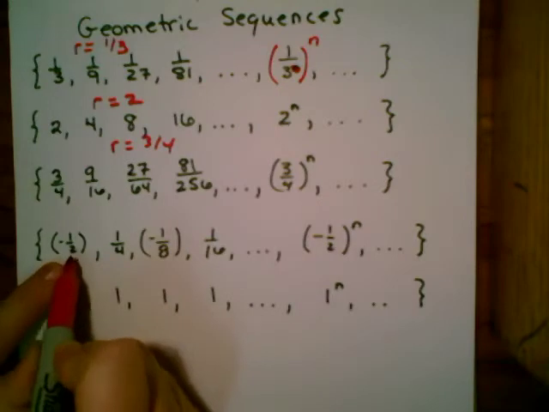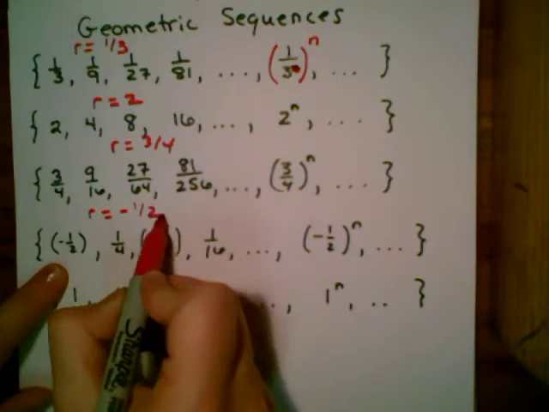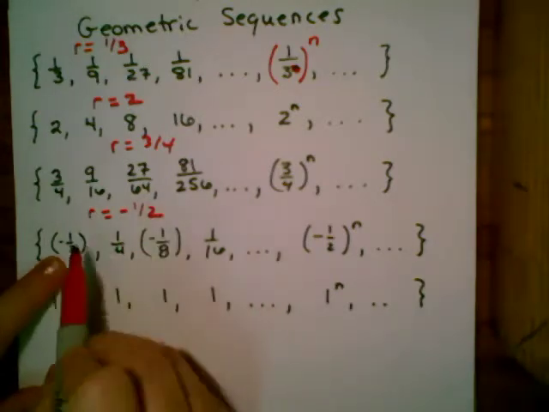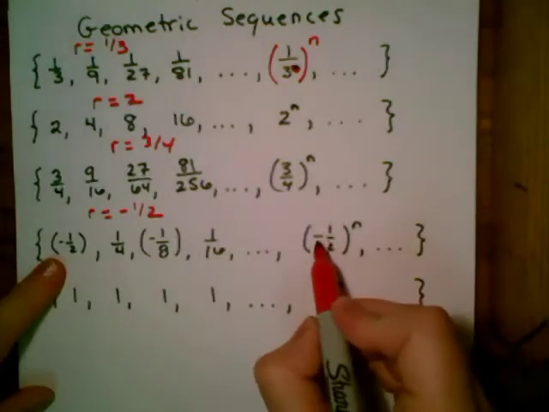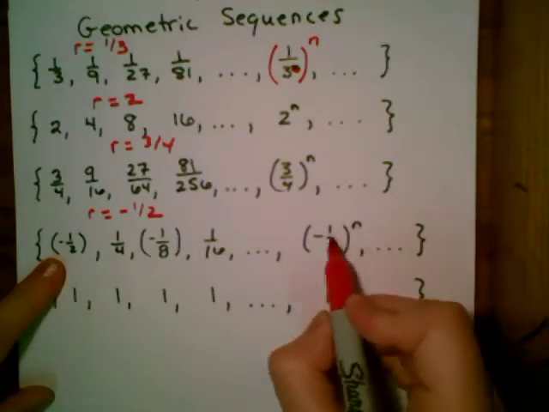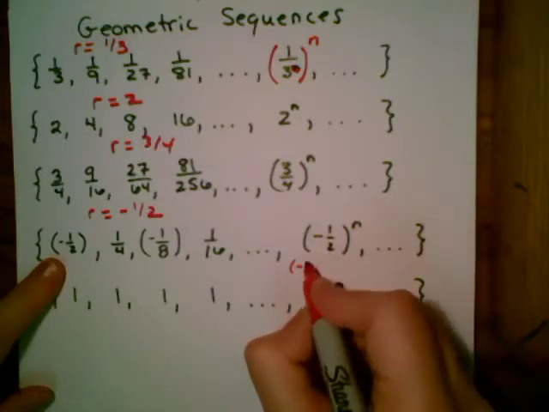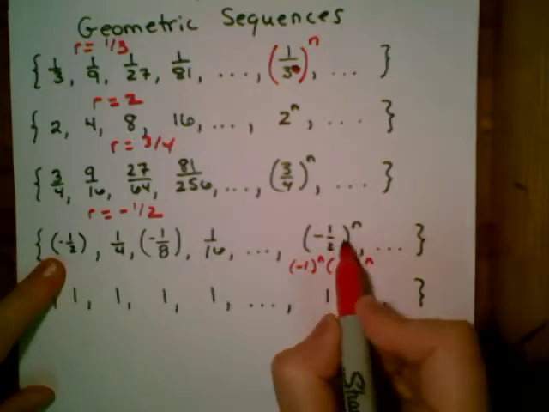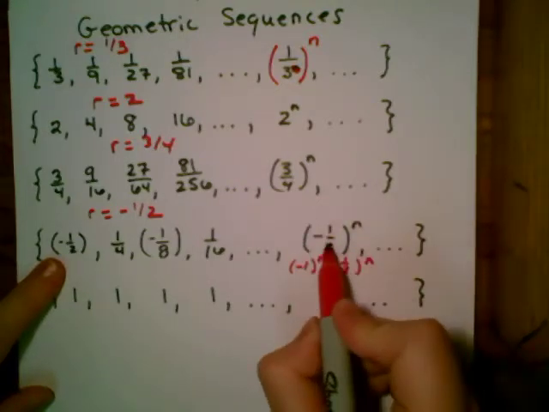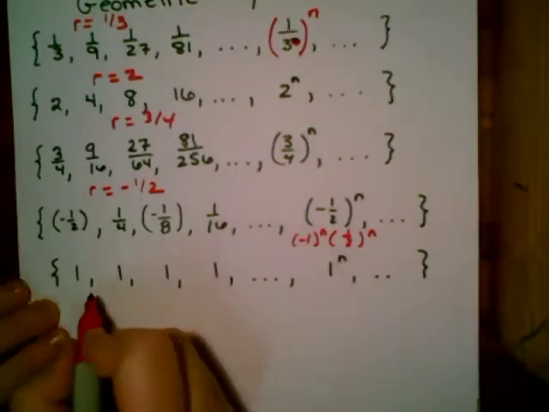Okay. You can have a negative ratio. So in example 4, we have a common ratio of -1/2, and so the signs will alternate. This nth term could also be written (-1) to the n times 1/2 to the n, but we'll use r equals -1/2 in our description here in a minute.